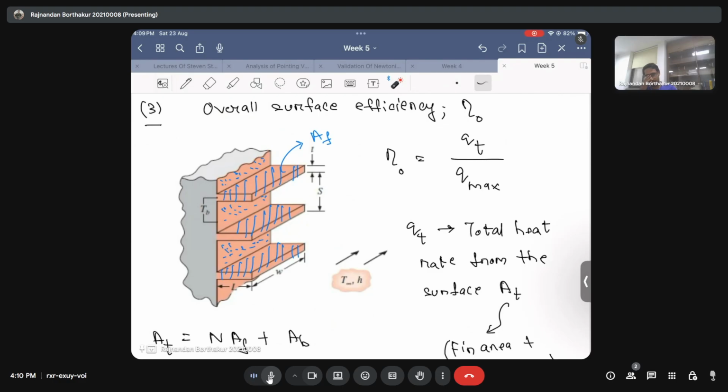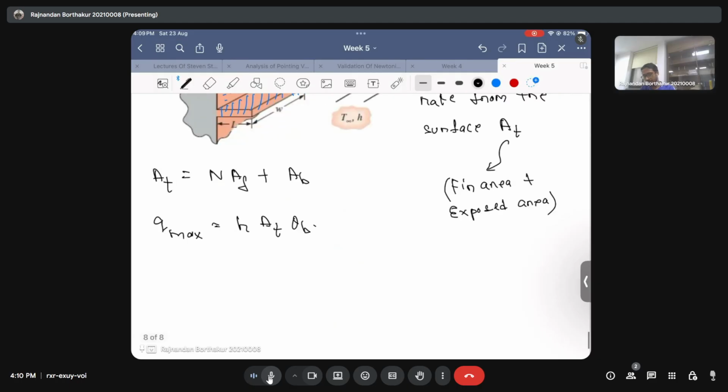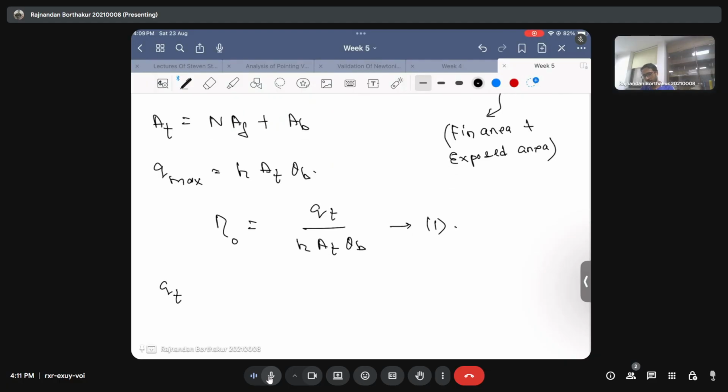We saw very recently that the maximum rate of heat transfer is possible when the entire fin assembly is at theta b. So that's why the rate of heat transfer, which we are denoting as Qmax, is equal to h times At times theta b. Then our efficiency eta o just becomes Qt by h times At times theta b. Now, what is this Qt is something that we need to evaluate.